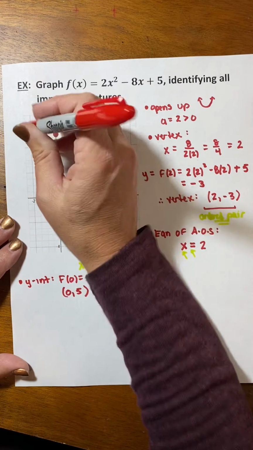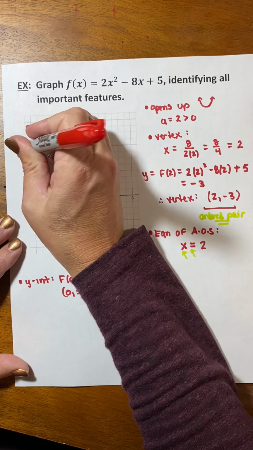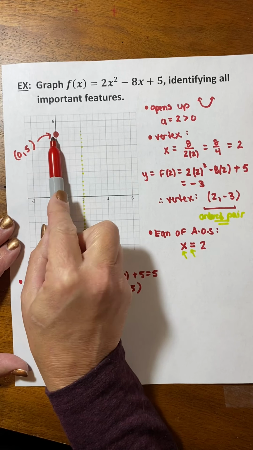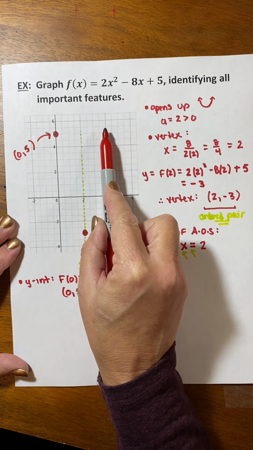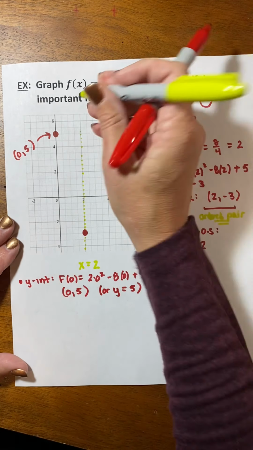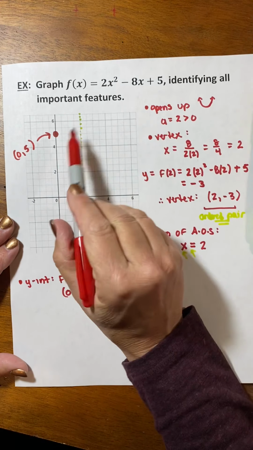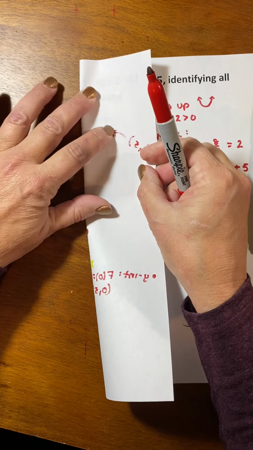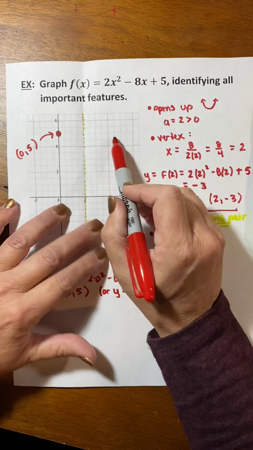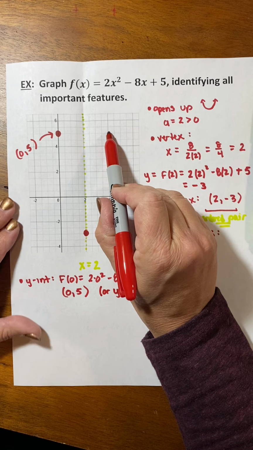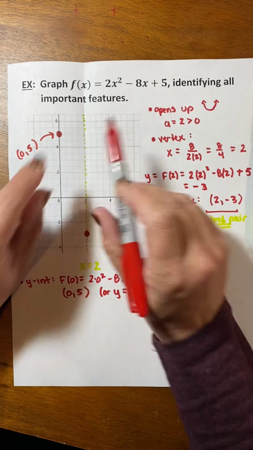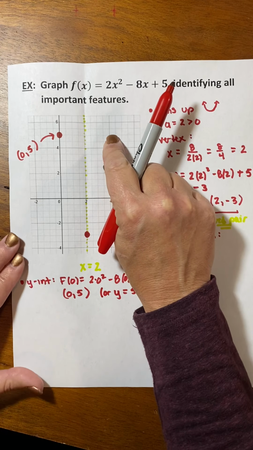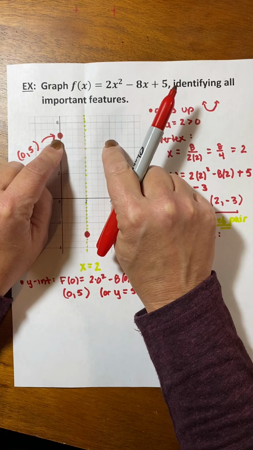Now, one thing that's really cool about using my axis of symmetry, I know that this guy has a partner point exactly in the same spot on the other side of the axis of symmetry. So I automatically know that if I was to fold this right here on this line, there's a point right here that's the same height as this point and the same distance from the center. So without even using my equation, I know there's a point over here, this guy's buddy point.